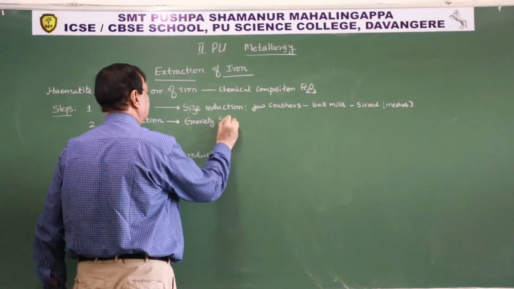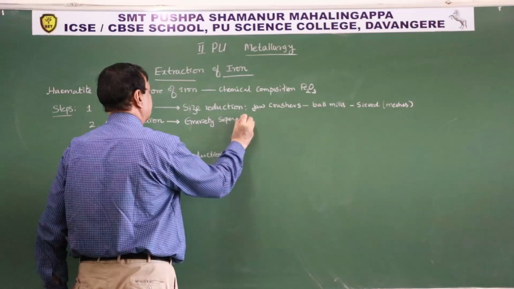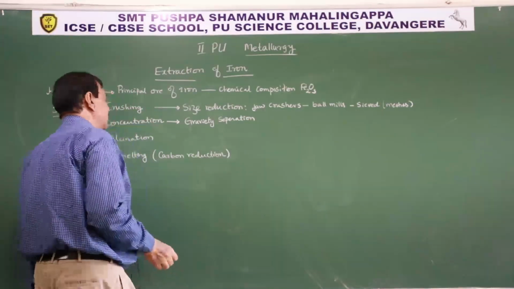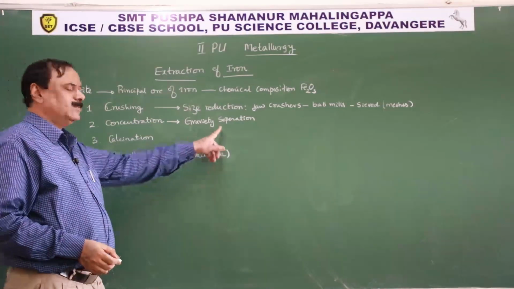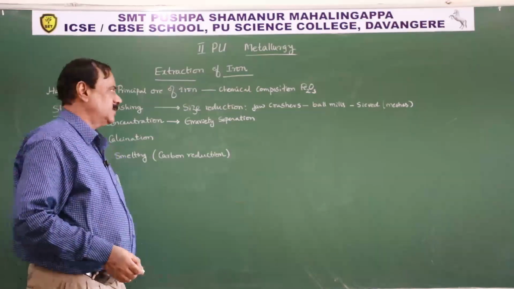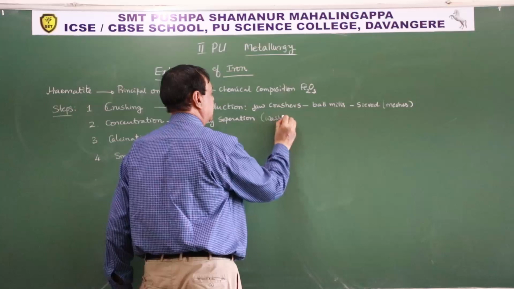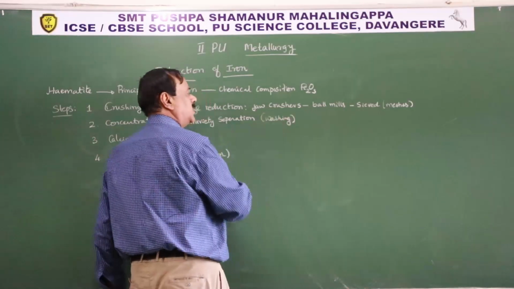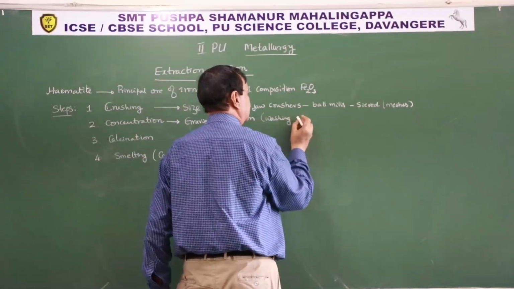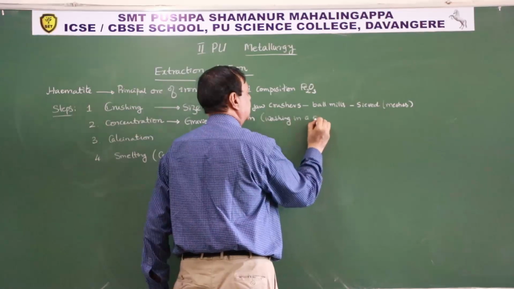Gravity separation process. There is concentration by means of the gravity separation process. This is done by means of washing in a current of water.